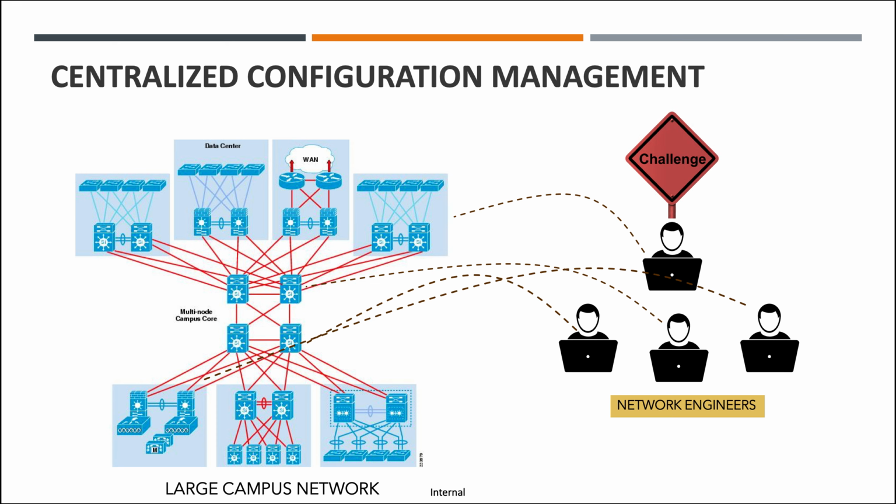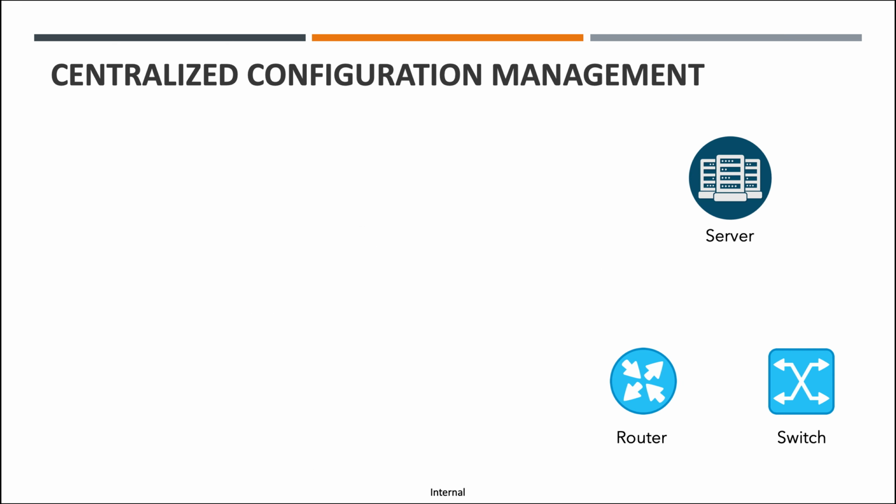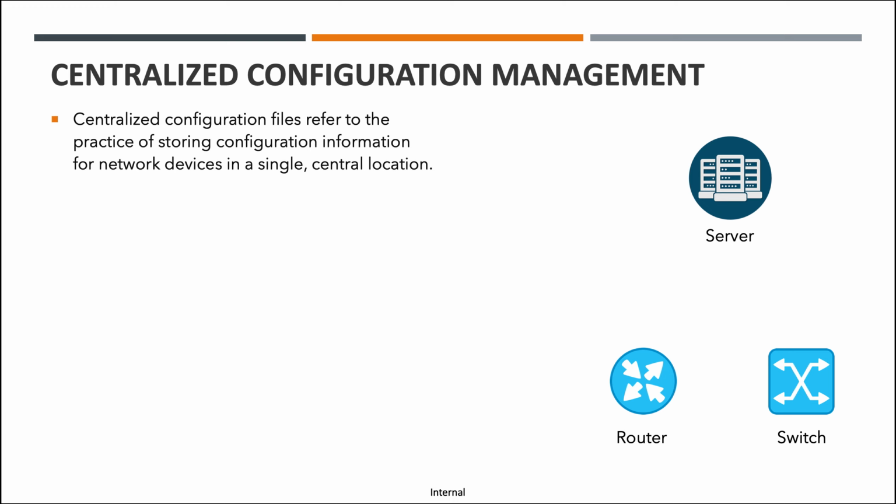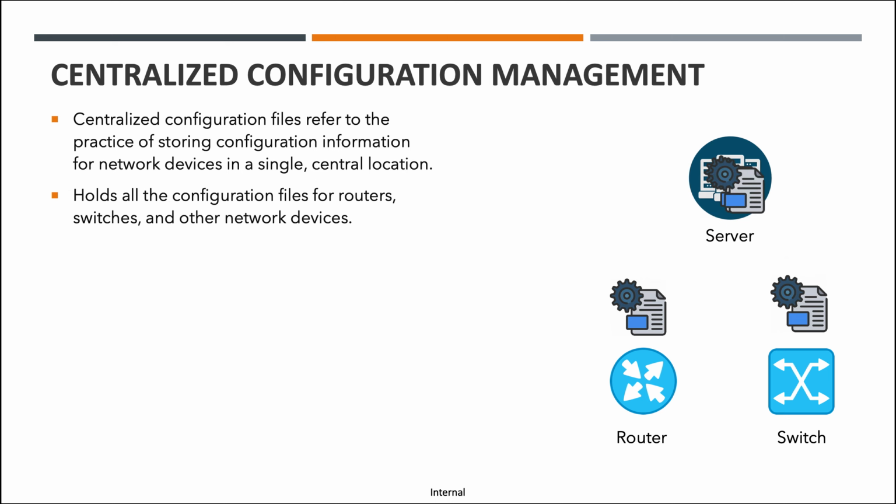This can be improved by storing backup copies or files of each device's configuration in a central repository. Centralized configuration file refers to the practice of storing configuration information for network devices in a single central location. The central repository holds all the configuration files for routers, switches, and other network devices.